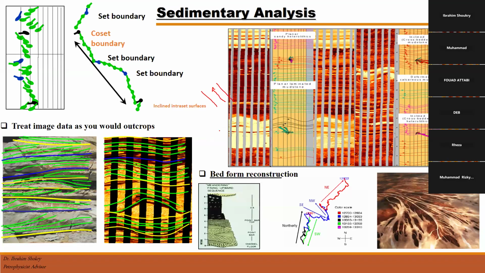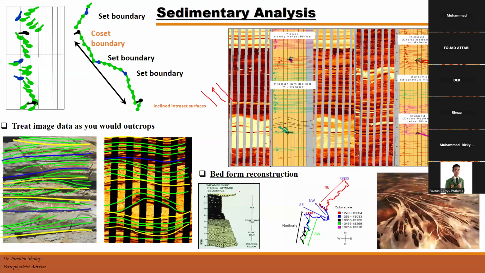This is one of the solutions when you are picking sedimentary features of your borehole imaging, to determine where your scouring is, where your planar lamination is, where your heterolithics are, and so on, to figure out the channel direction, the point bar direction, and so on.